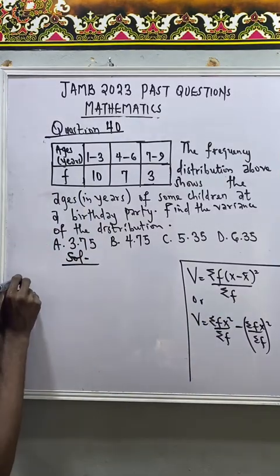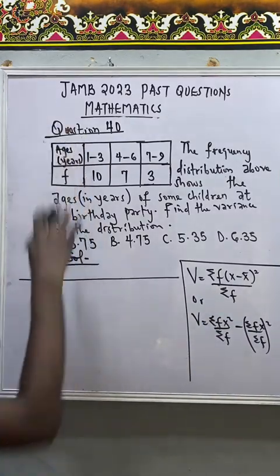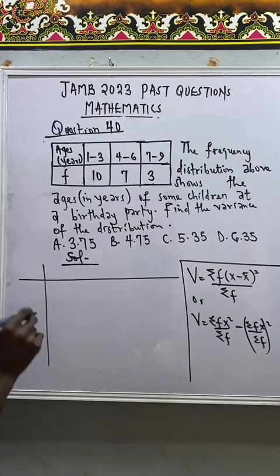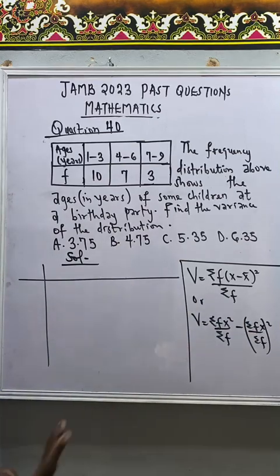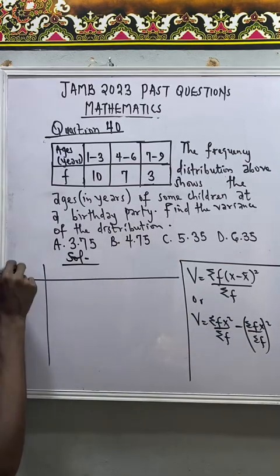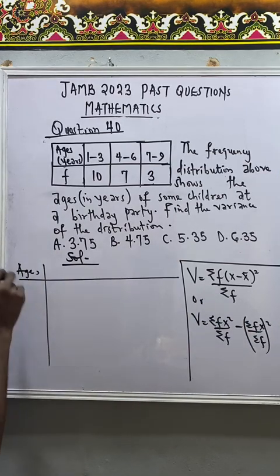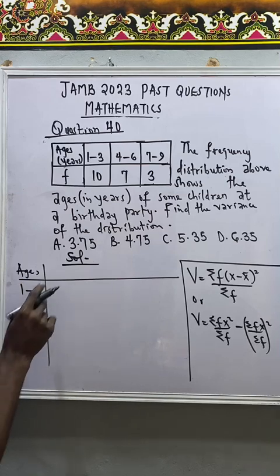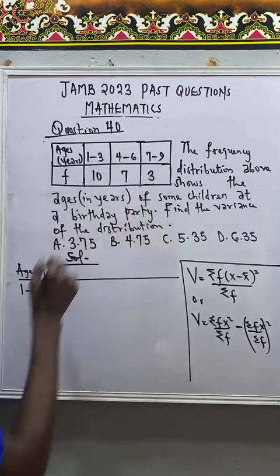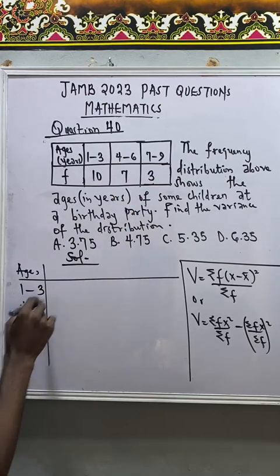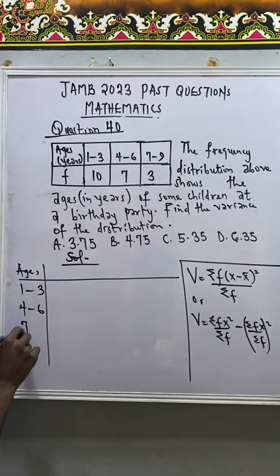Good. Let's reconstruct our table vertically so that we can have more space. Looking at this formula will determine what I will have on my table. Ages first: 1 to 3, then 4 to 6 next, and finally 7 to 9.